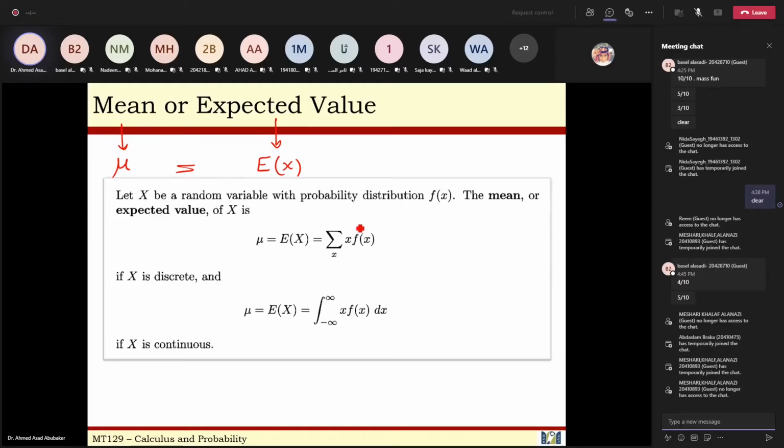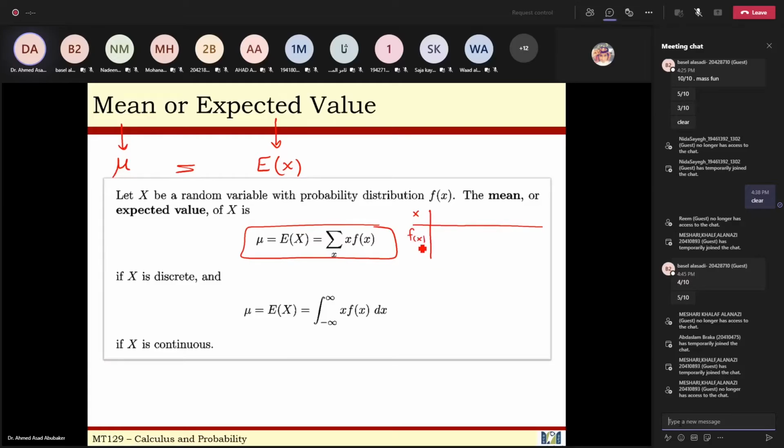For a discrete variable, we can find it by this formula: the summation of x multiplied by f of x.